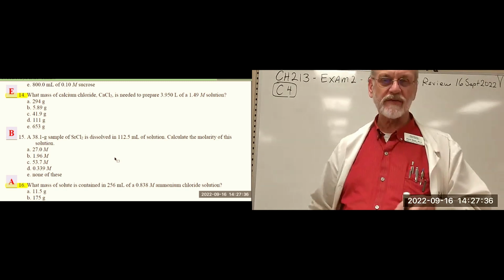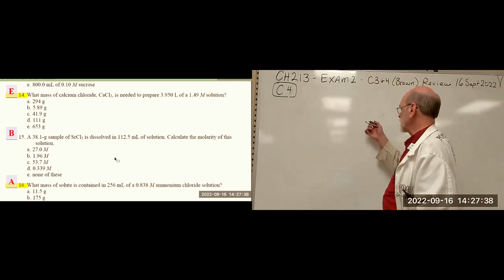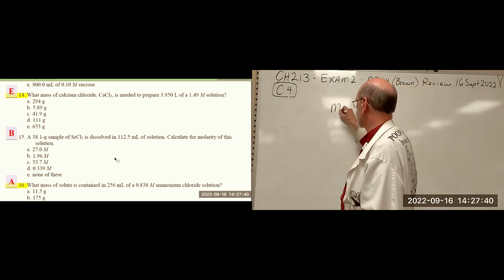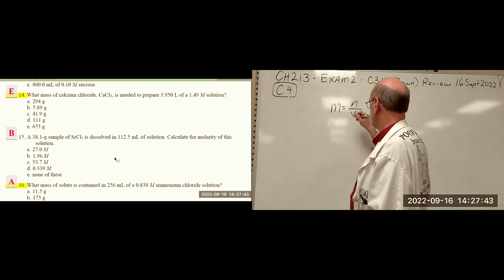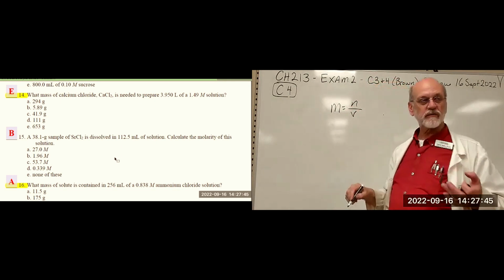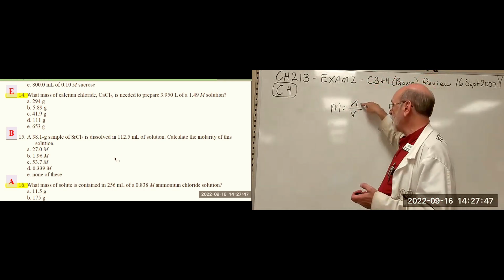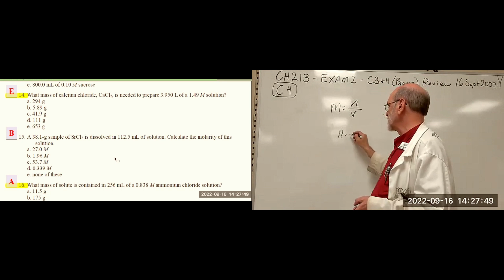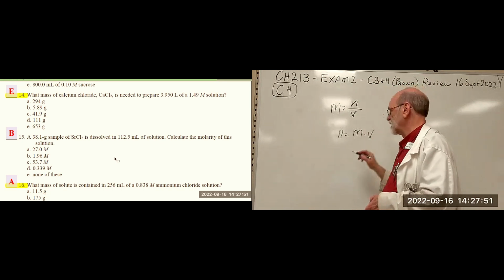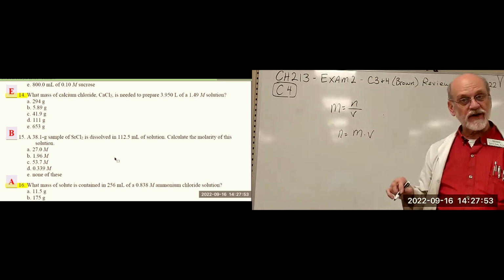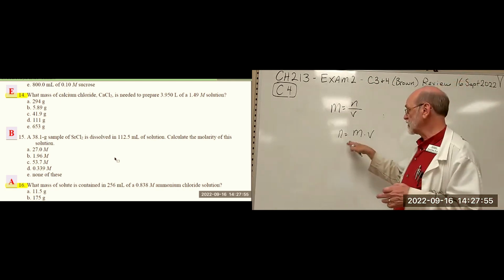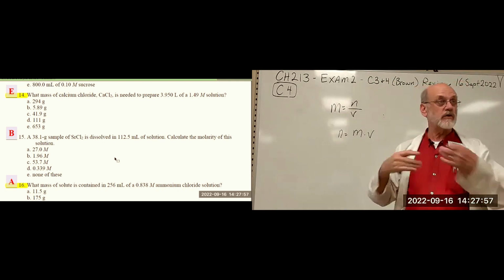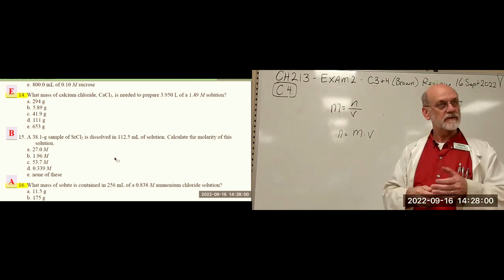In fact, we're looking for the mass. So what you do is, if this is the definition, and you're looking for a mass of calcium chloride, you got to get there from the moles. So moles is equal to molarity times volume. You multiply molarity times volume, which is given to you. That gives you the moles of calcium chloride, and then you use its molar mass to convert to mass.